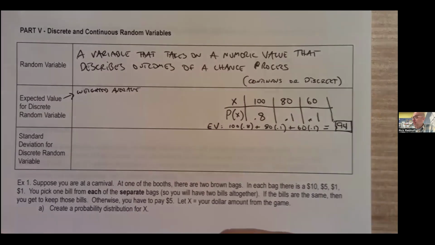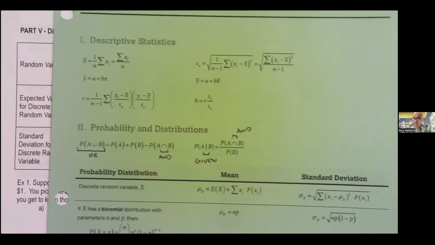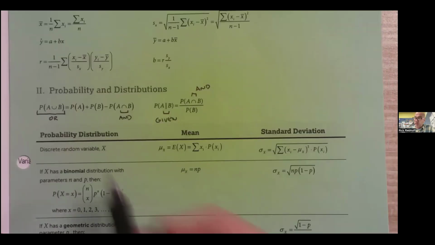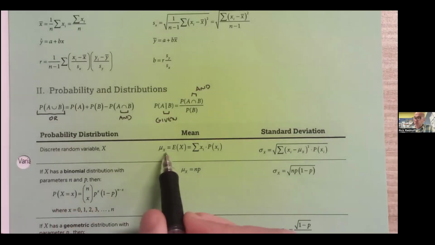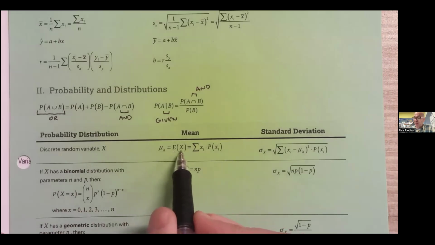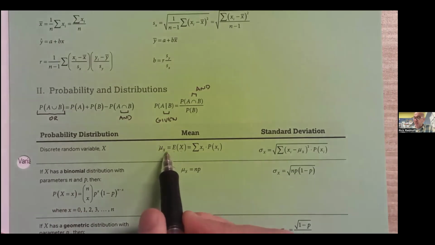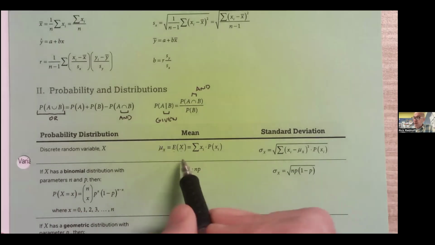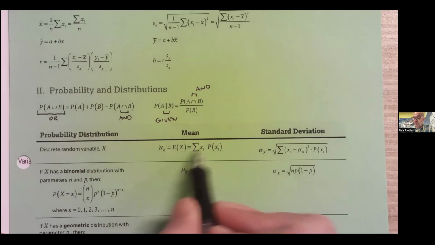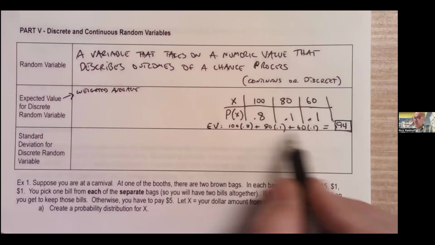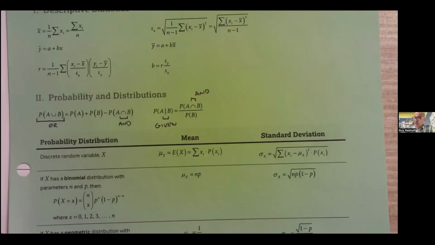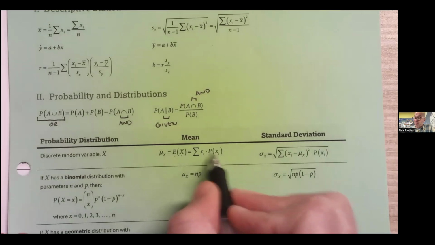All right, good stuff. The actual formula is on your green sheet here. If we go to discrete random variable x, we've got the mean right here. So expected value of x, the mean of x, the weighted average basically, is the sum, meaning add together, which we did. We added those three things together: the outcome times the probability.